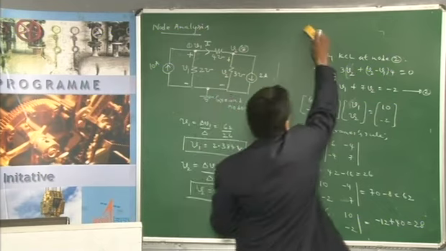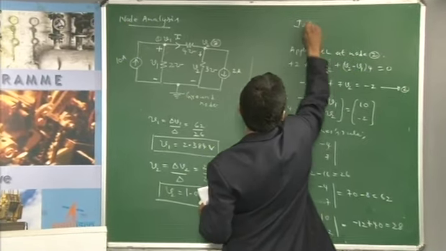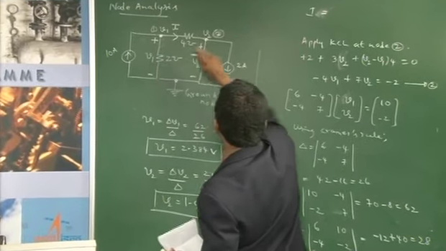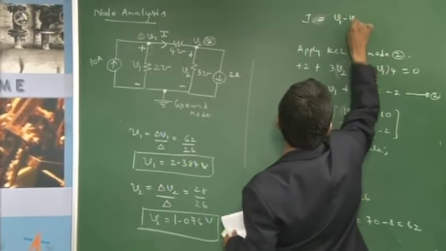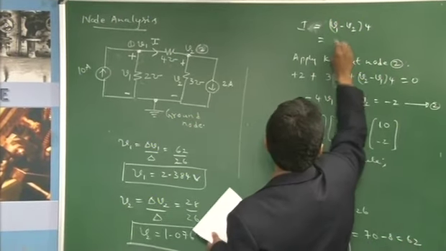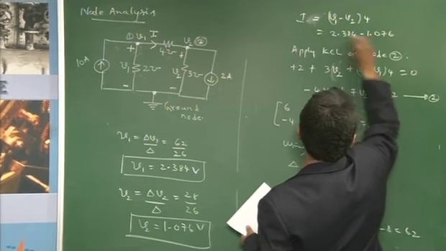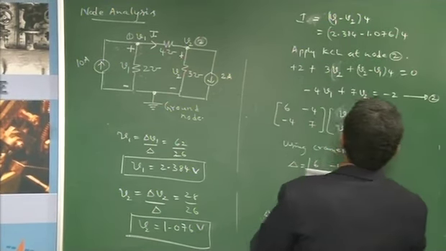This can be easily found if you know the node voltages. I is equal to this potential minus this potential into 4, so V1 minus V2 into 4. So, V1 is 2.384 minus 1.076 into 4.